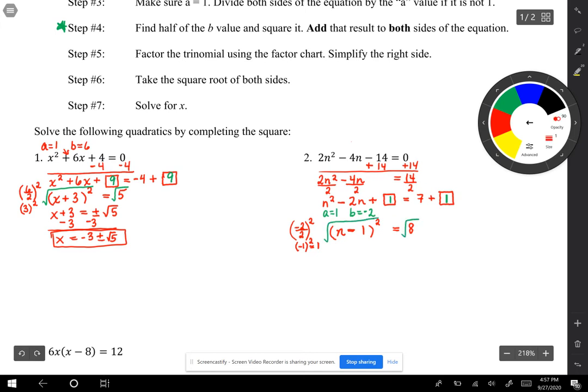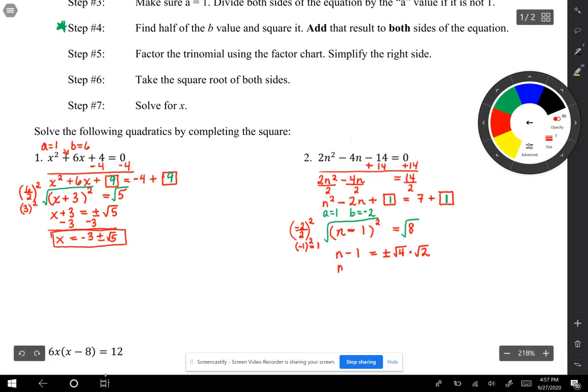All right, the square root of the left side is just n minus 1. Square root of the right side is plus or minus square root of 4 times the square root of 2. Notice I instantly make a habit of breaking down a number that I know is a composite number and not a prime number. So it's just a habit to do. You automatically do it.